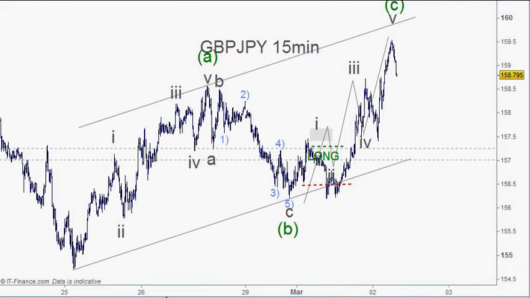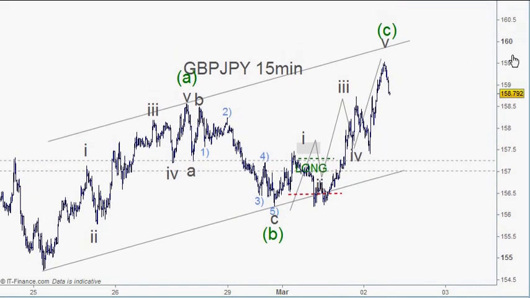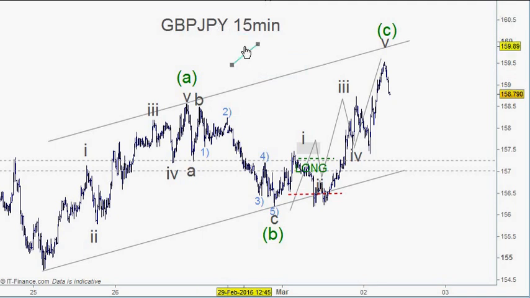Now, on this 15-minute chart, we noted that the move up that we were looking for, whoops-a-daisy, let's get these things working properly. This move that was moving up here was a very clear 5-wave structure. And then we looked at this being back down as the A, B, and C structure here.